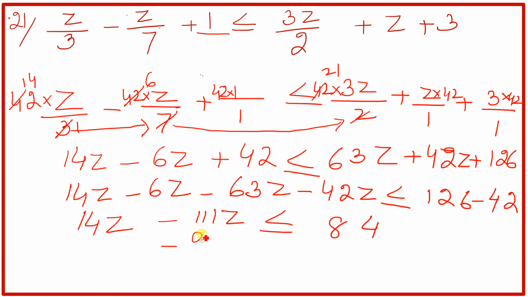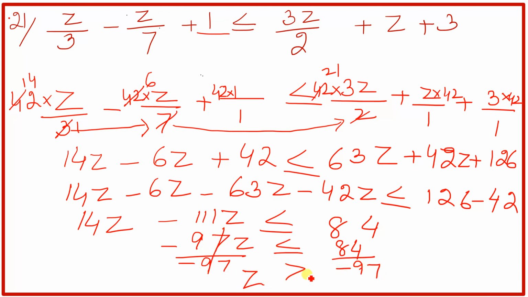And here we have 97z is less than or equal to 84. So you have to divide both sides by the negative number. It means these two cancel, and this sign will change to greater than or equal to negative 84 over 97, and this is our answer.